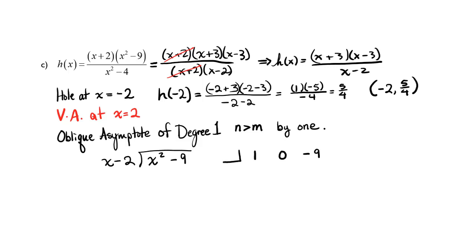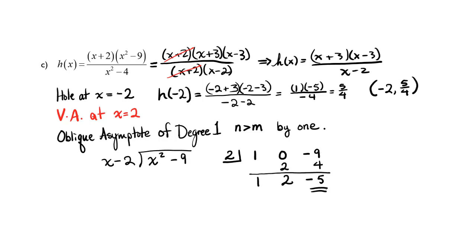This will be coefficients 1, 0, and -9, and the number I'm dividing by will be a 2. If I drop 1 down, I get 2 times 1, which is 2. 0 plus 2 is 2. 2 times 2 is 4, and -9 plus 4 is -5. My remainder is -5.